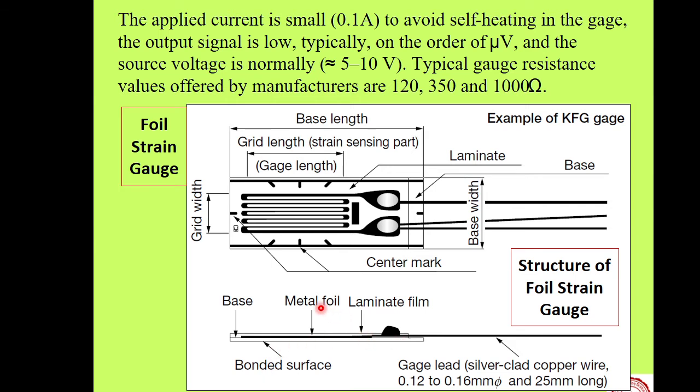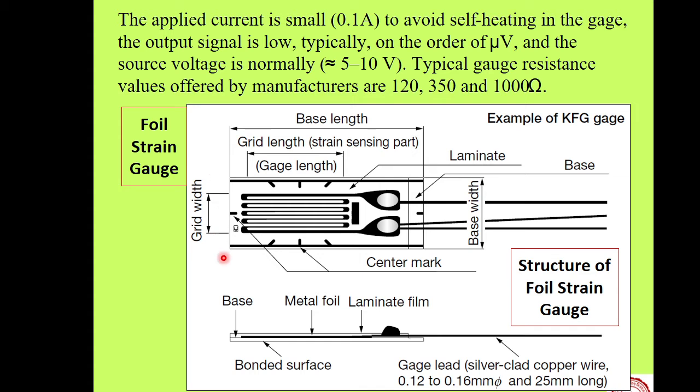What else is there? From this laminate film, there is a portion which contains these solder tabs. Okay. So, there are 2 wire, 3 wire types. These wires are part of the measurement unit. The effective strain gauge active part is this thing, and the actual length and width is this part.